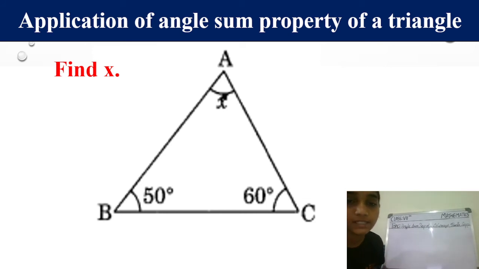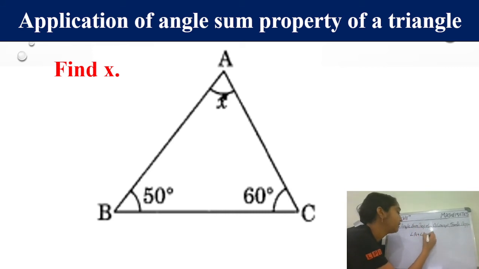So what first we have to do? Since we know from the angle sum property of a triangle that the sum of all angles of a triangle is equal to, very good, 180 degrees. We will write it as angle A plus angle B plus angle C in triangle ABC is equal to 180 degrees.